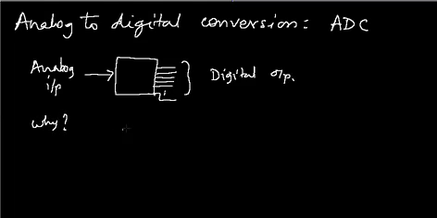Now, then we try to understand why do we require this? Many of the analog signals are available from various sensors like temperature or pressure. Many real life quantities are available in analog form. But a computer, as we know, cannot directly handle analog signals.